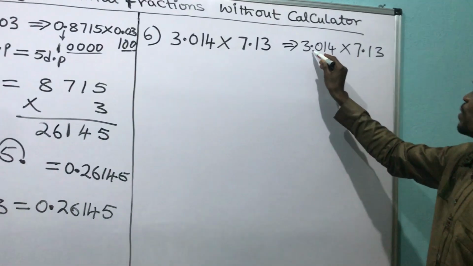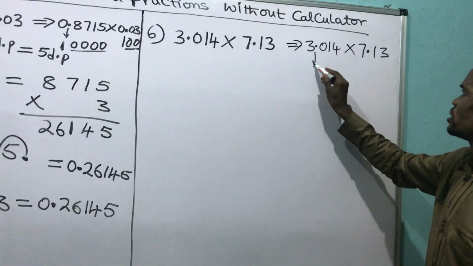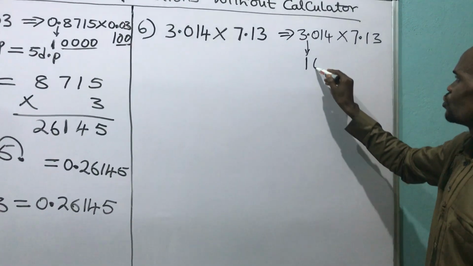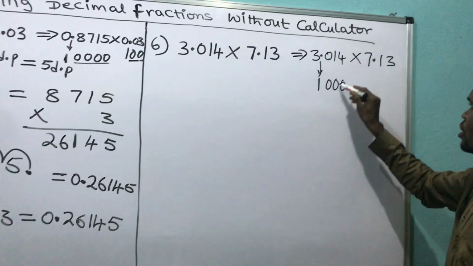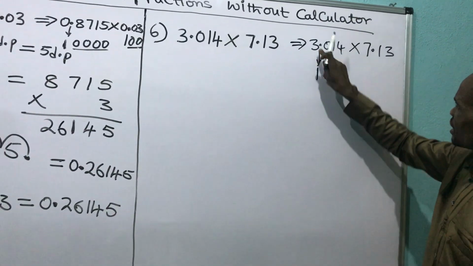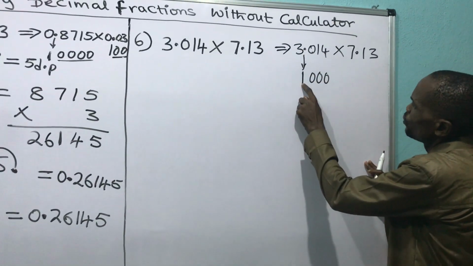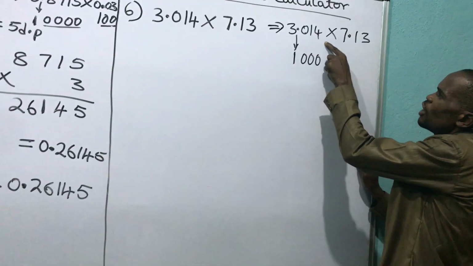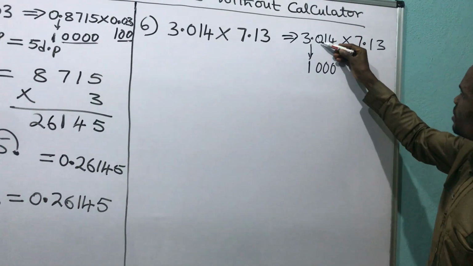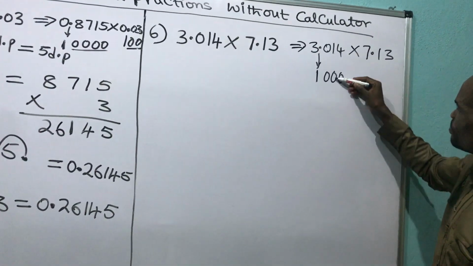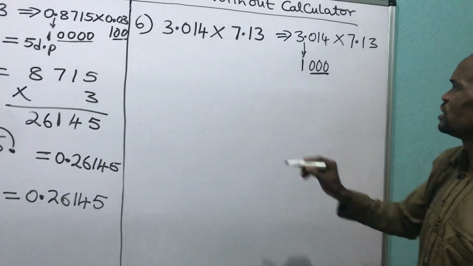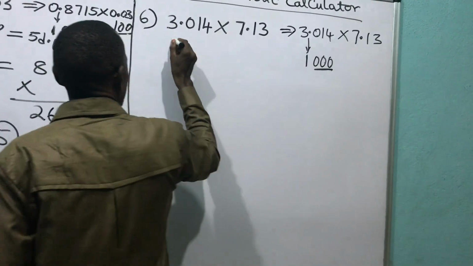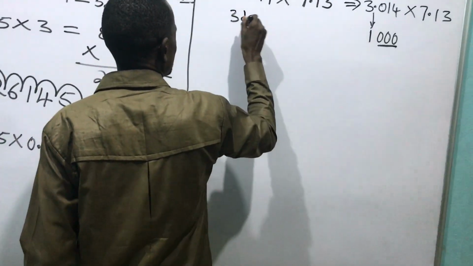This point represents 1, and 0, 1, 4 are each represented by 0. So I use 0 after this decimal point, which I represent with 1. That gives me 3 zeros, which is 3 decimal places.